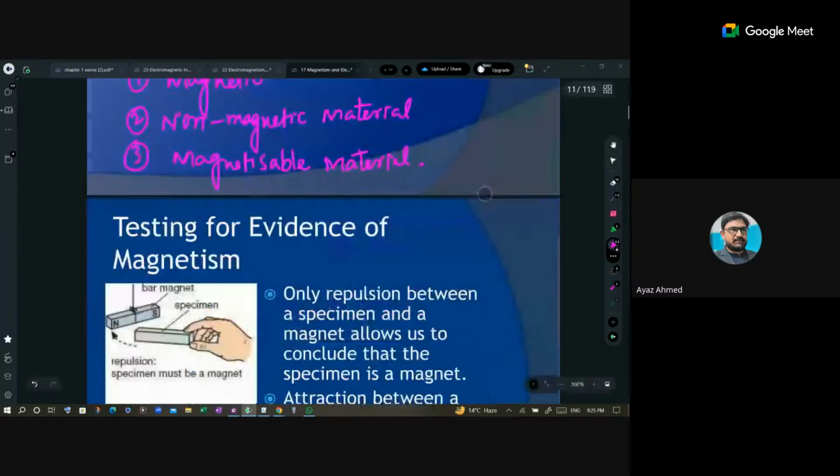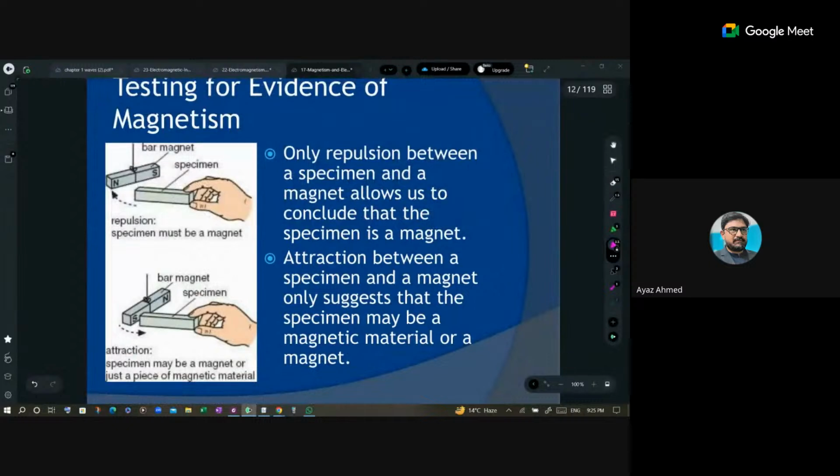Now, testing for the evidence of a magnet. If you bring the specimen, which is basically the subject object, near the bar magnet, if it is attraction, then sorry, if it is repulsion, then the specimen must be a magnet. Remember this thing, this is very important.